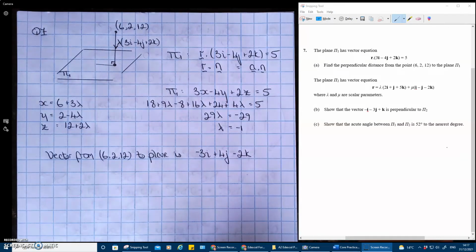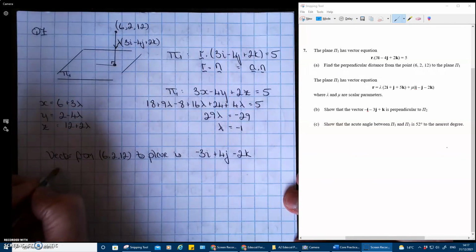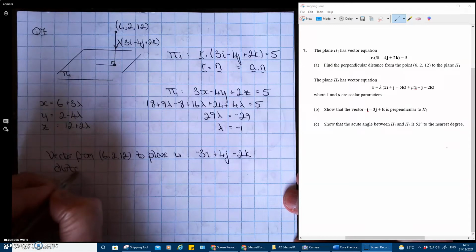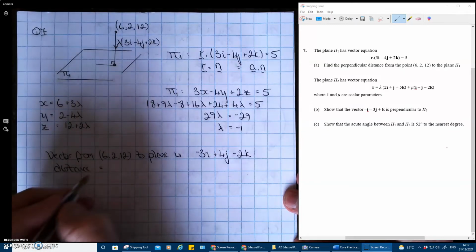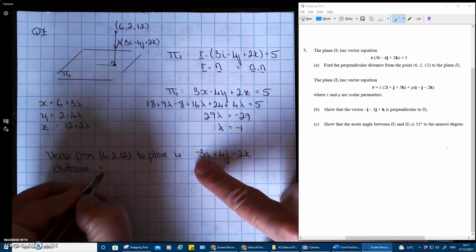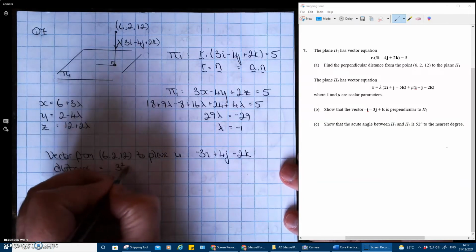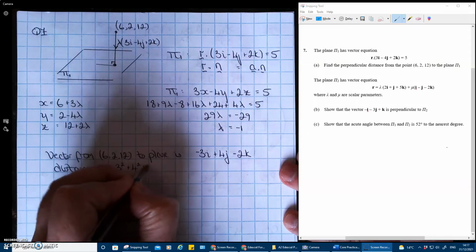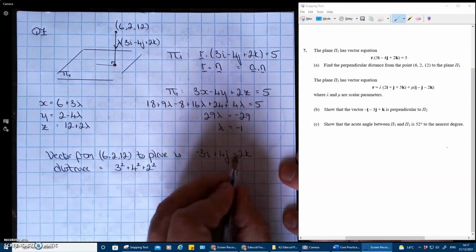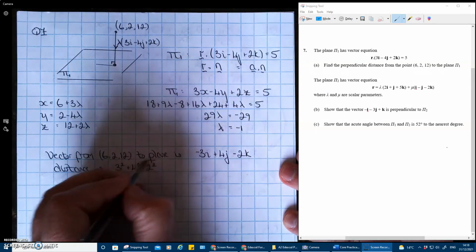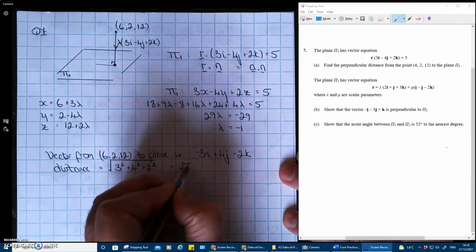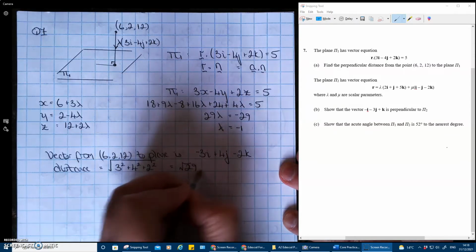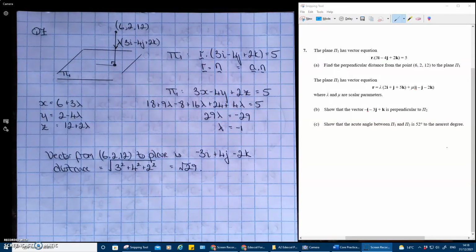And I want the distance, so the magnitude of the distance is therefore just going to be Pythagoras in 3 dimensions. So we get 3 squared plus 4 squared plus 2 squared. Notice I ignore the minus because I'm squaring, and then square root, which is root 29. Okay, so that's part A.